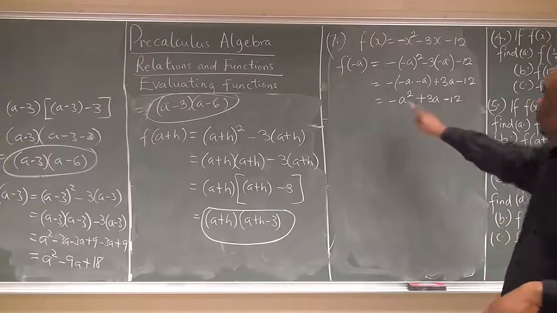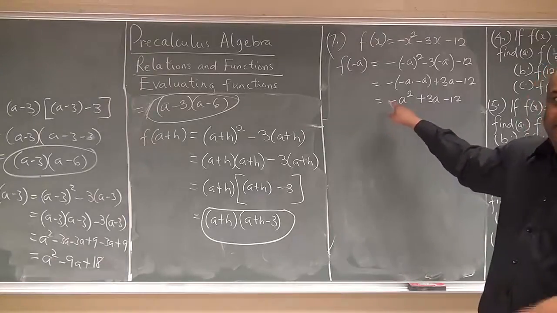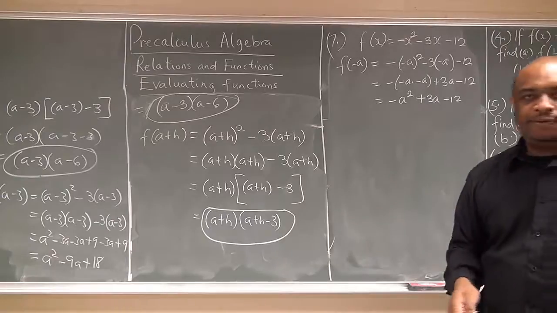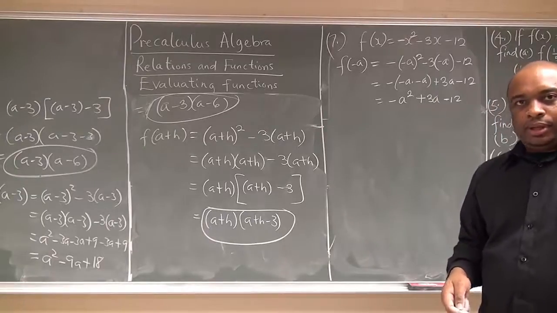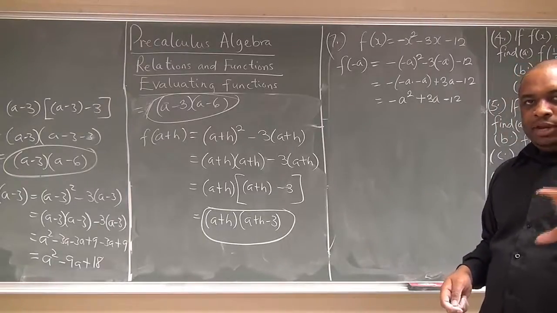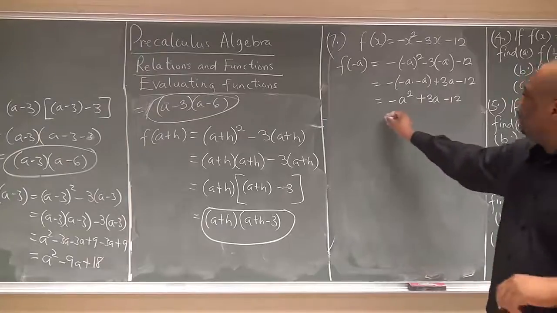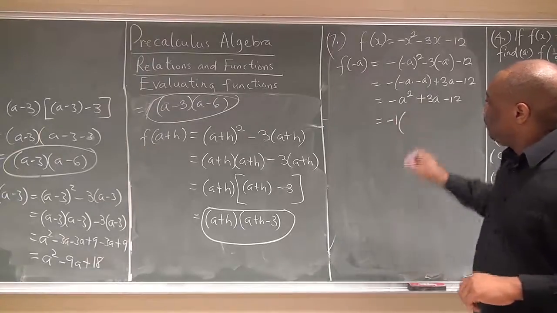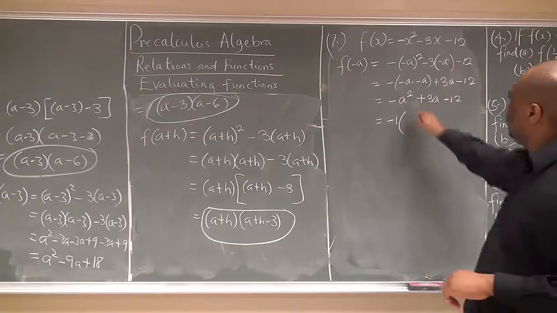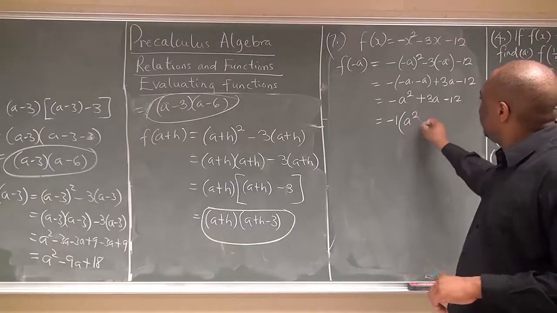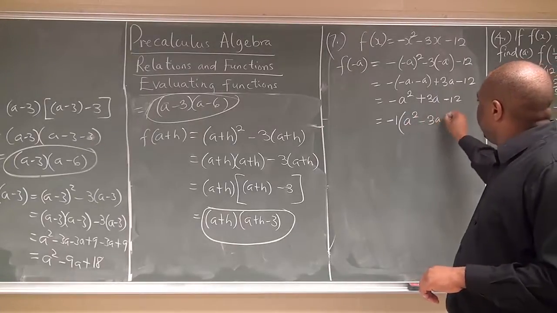Usually when you have a leading negative, if you view my video on factoring complete trinomials, you factor out negative 1 first. So what will remain here? A squared minus 3a plus 12.